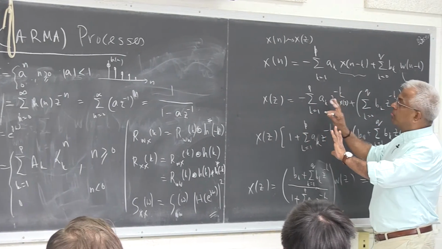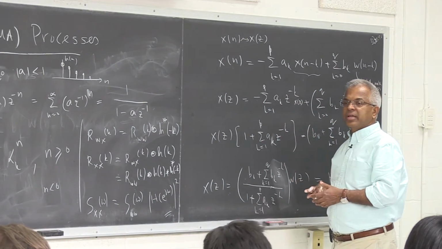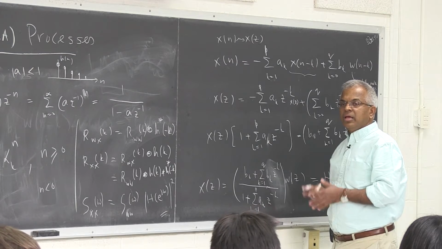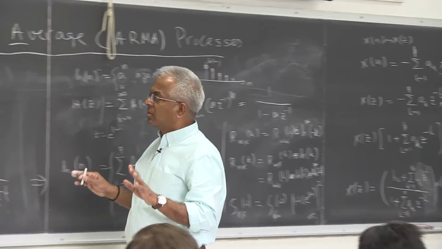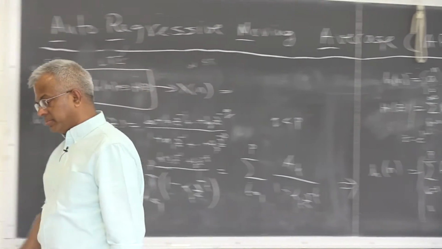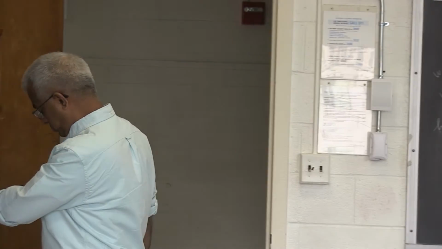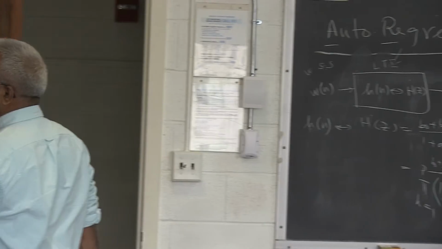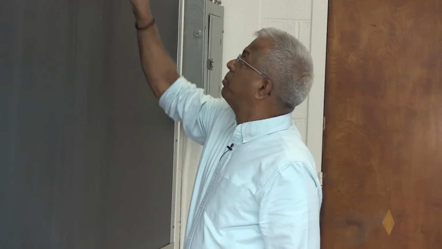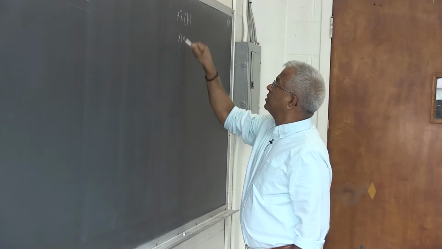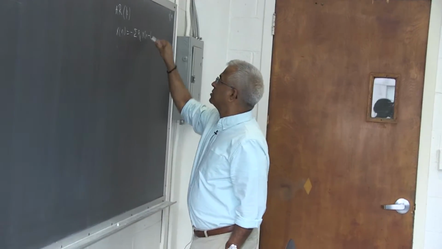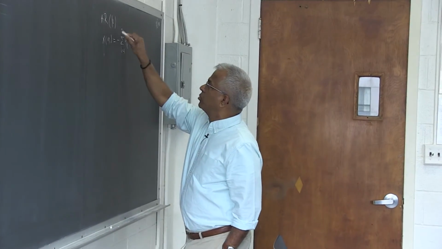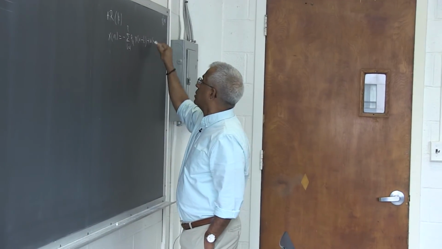So this is the most general case. What is an AR case? Anyone? AR case is when Q is 0. There is no moving average piece. So look at here. AR(p) is x(n) equals minus sigma a_k x(n minus k), k equal to 1 through p, plus w(n).